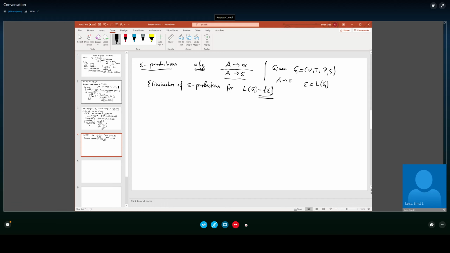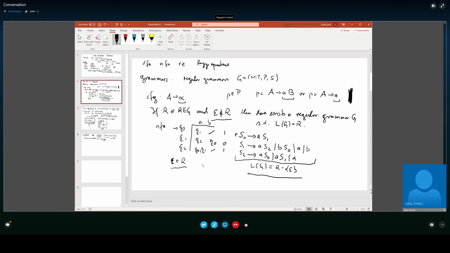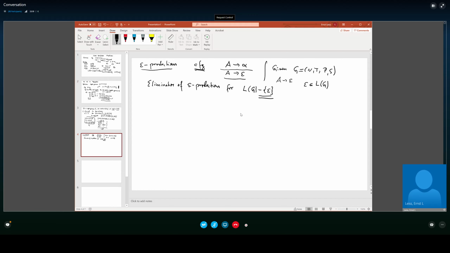much akin to what we did when we constructed a regular grammar for a given NFA. We can generate a regular grammar only for the language minus that epsilon. And so that is again the same situation that we have here.